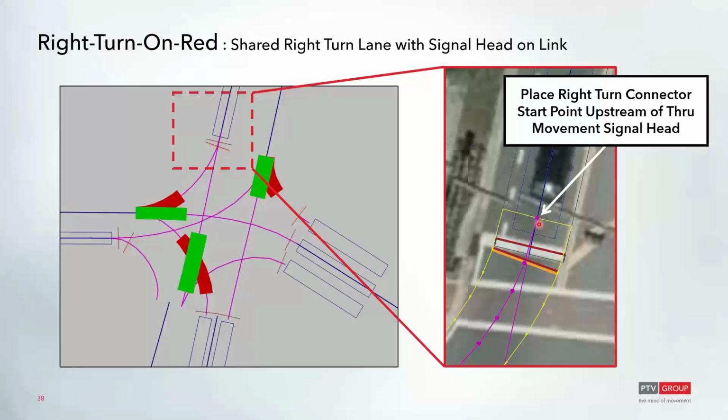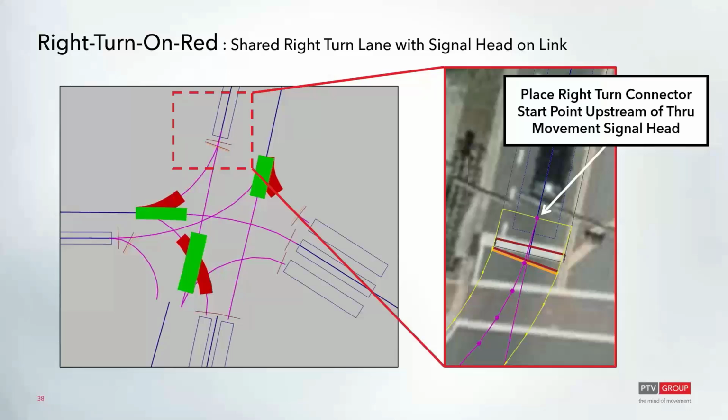Otherwise, what can happen if this connector is placed downstream of the through signal head is that those vehicles making a right turn are actually going to hit the signal head first. And so if this signal head ends up being red, all of those right turn vehicles will get stuck by the signal head when it's red and won't be able to continue on to their right turn connector. So those vehicles will never end up getting to make that right turn on red movement.